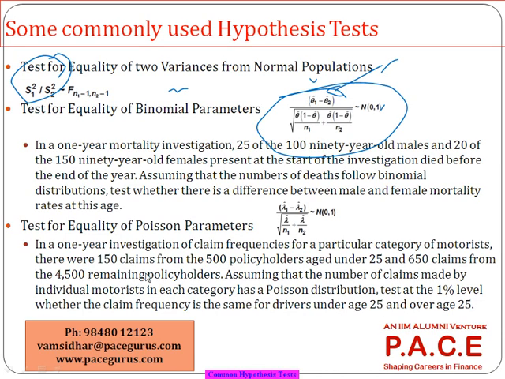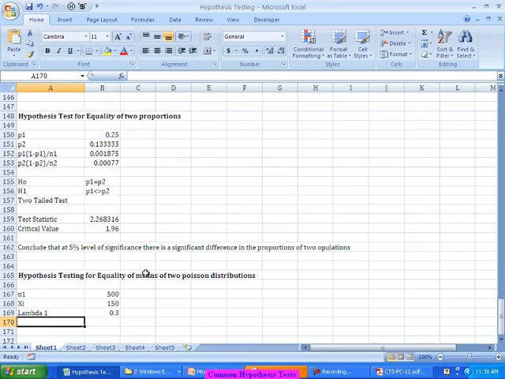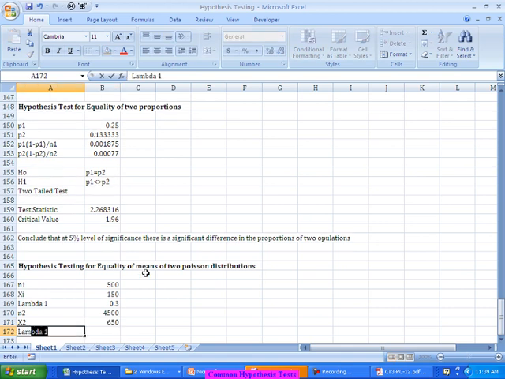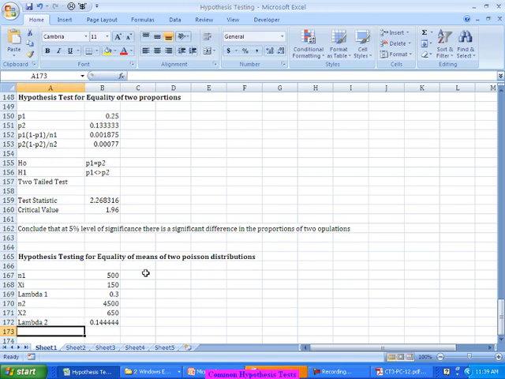All right. What about the next? 650 from 4,500 remaining. So N2 is 4,500. X2 is 650. So from here I get lambda 2, the proportion 650 divided by 4,500, around 14.4%.